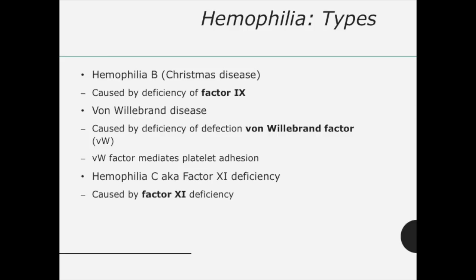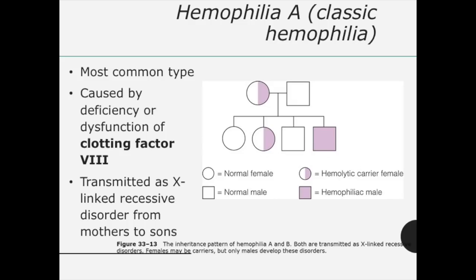hemophilia B right now. So, when you think about hemophilia, it's transmitted as an X-linked recessive disorder. So, it may also occur as a result of gene mutation. So typically, your carrier is going to be the female that passes on the defect to affected males.